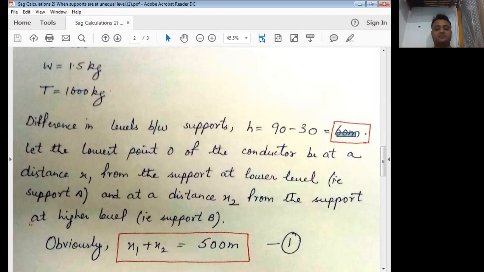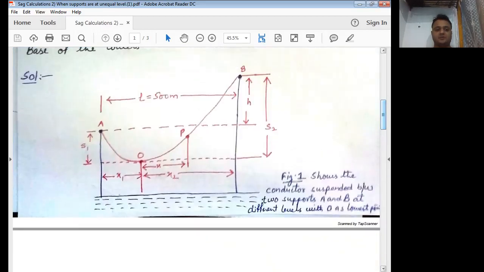Again, in the figure we had assumed that the lowest point O of the conductor is at a distance x1 from tower A, and the distance between the lowest point on the conductor and tower B is x2.